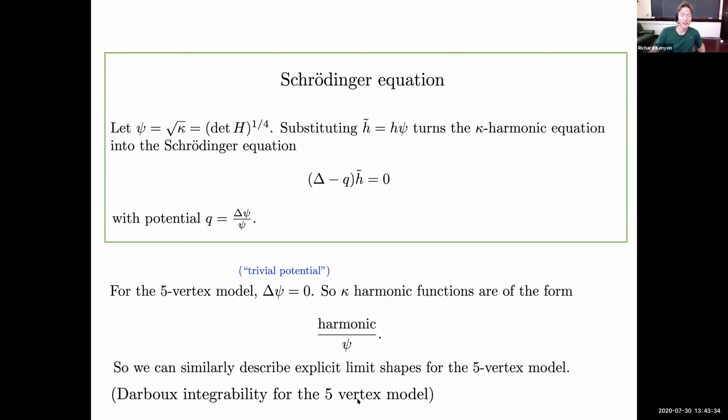This is, by the way, something we worked out. This is the start of this whole theory: we worked out the 5-vertex model, and I'll explain what we did next time. We discovered that we could integrate those equations explicitly, and then by working backwards, we discovered all this envelope business.